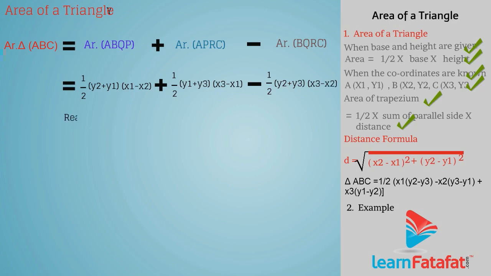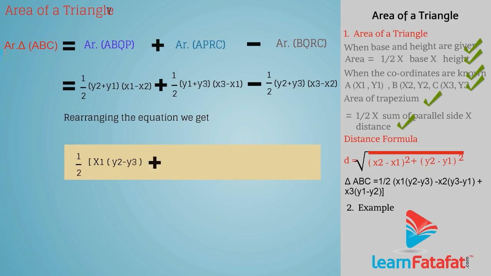Rearranging the equation, we get 1 by 2 in bracket x1 into (y2 minus y3) plus x2 into (y3 minus y1) plus x3 into (y1 minus y2), bracket complete.